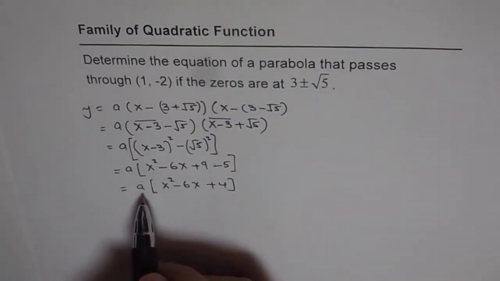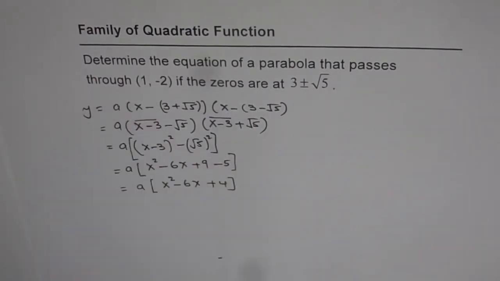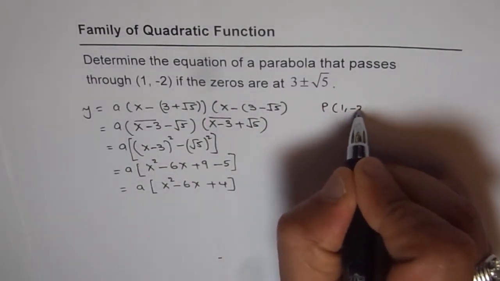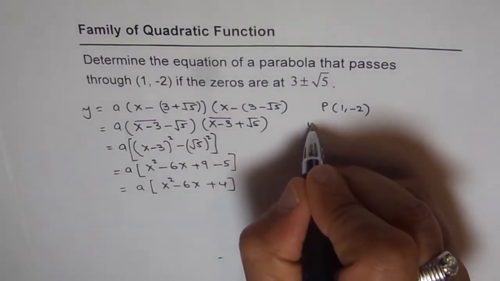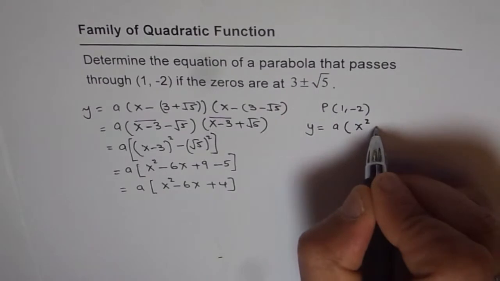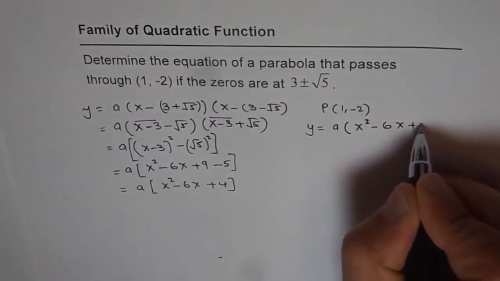Now to find the value of a, what should we do? We have to substitute the point (1, -2). So the point is (1, -2), and the equation is y = a times (x² - 6x + 4).